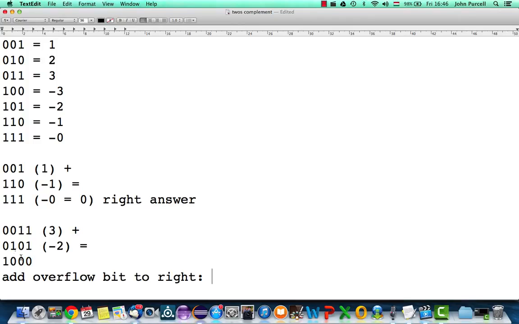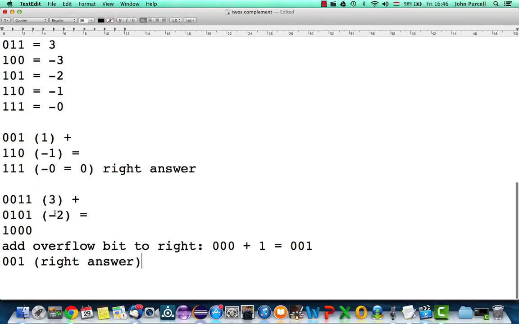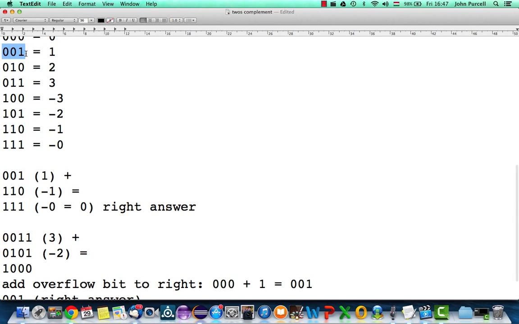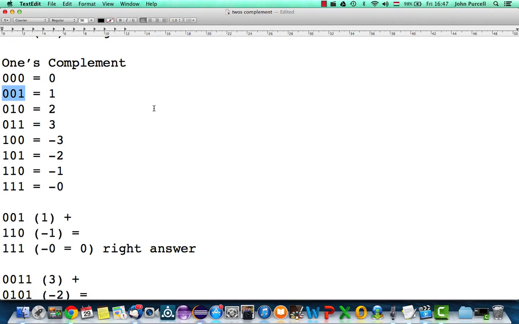That would be 0, 0, 0 plus 1 equals 0, 0, 1. It's the right answer, because 3 added to minus 2 is 1, and 0, 0, 1, of course, is 1. So if you look at this 1's complement system, it works.